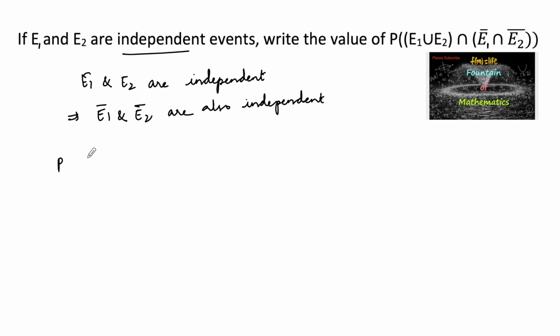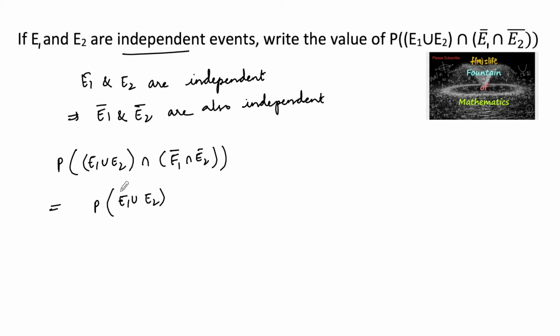So let us consider the probability of E1 union E2 intersection E1 bar intersection E2 bar, which is equal to probability of E1 union E2 intersection of E1 bar intersection E2 bar, which is nothing but E1 union E2 whole bar.